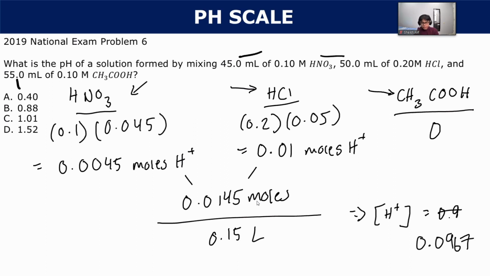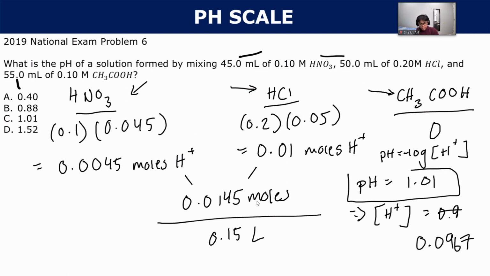So again, pH is negative log of H+. And so our pH, if we do negative log of 0.0967, we're going to get that our pH is right about 0.01. And that is answer choice C.